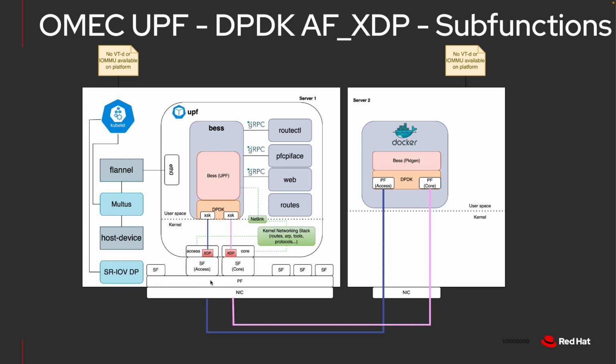Each sub-function will be represented by a netdev in the Linux kernel, and exactly the number of netdevs or sub-functions that we need, or queues that we need, will be allocated to our application, allowing us to much better partition or provision our NICs to exactly what each application needs without any waste.